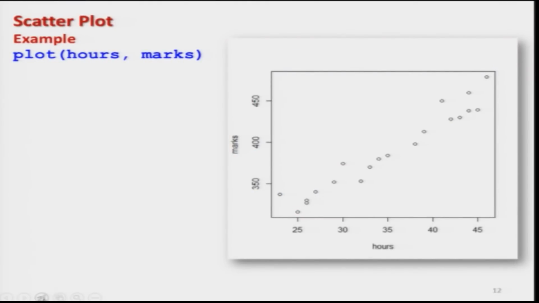Now, what is your first step? First of all, I would create a plot, which we have already done, by using the command plot with the arguments hours and marks. Right. So you get a plot like this, and you can see that there is a sort of linear trend, and if you try to make plots like scatter smooth and other things, they will also give a sort of estimated closed line.